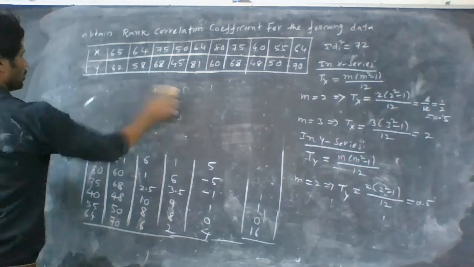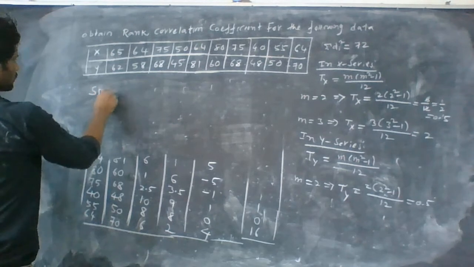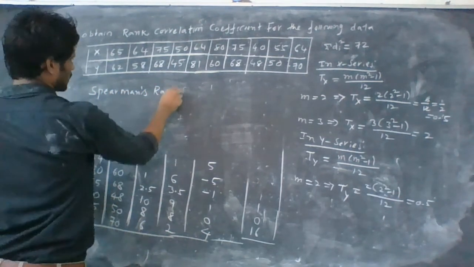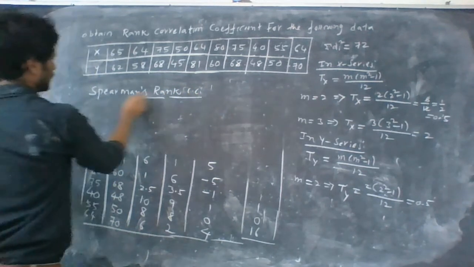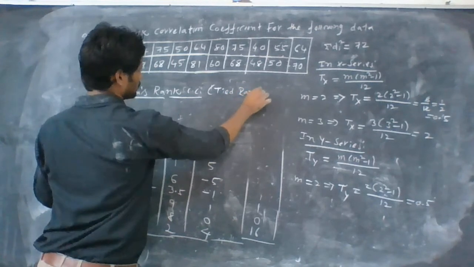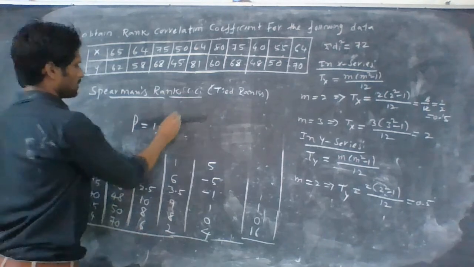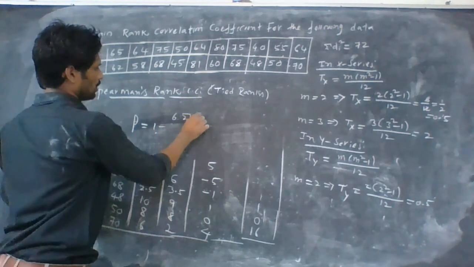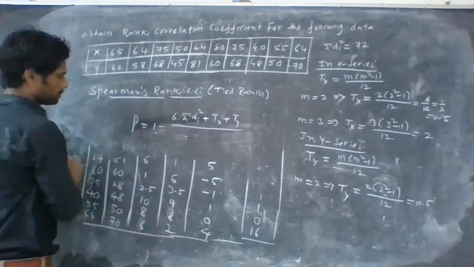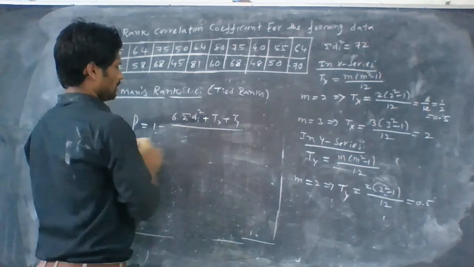Formula: Spearman's rank correlation coefficient, repeated ranks or tied ranks formula. The formula is given by rho is equal to 1 minus 6 into summation di square plus Tx plus Ty by n into n square minus 1.